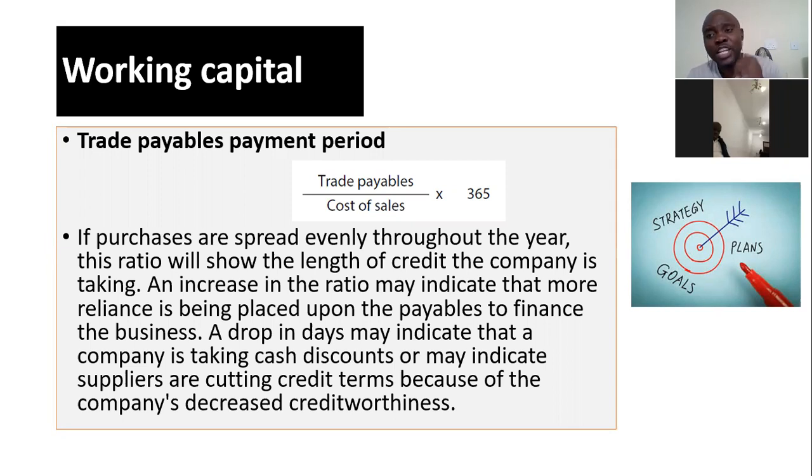Or does the longer trade payables days reveal a picture of the challenges that the company is going through? So the question is, is it based on strategy, or is it based on your going concern or your liquidity challenges as a company?